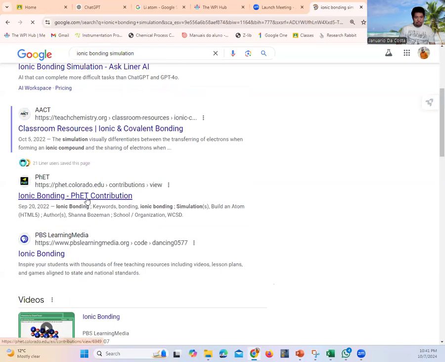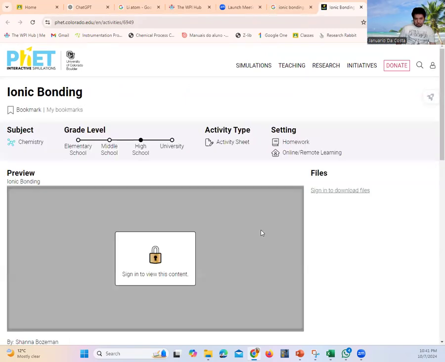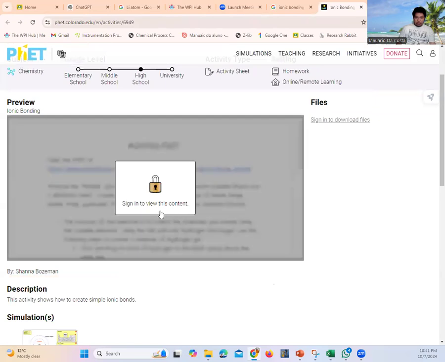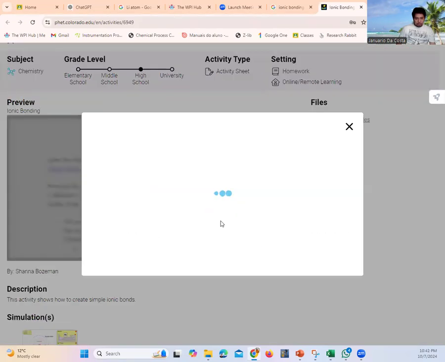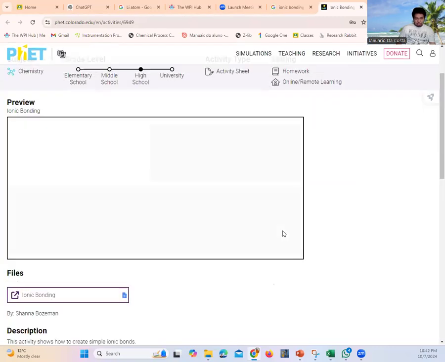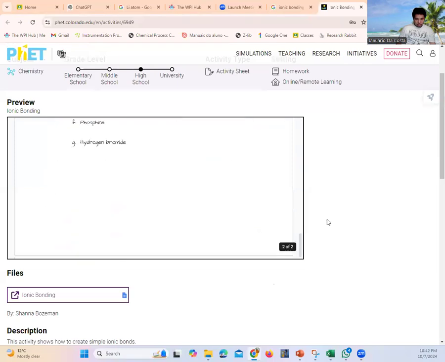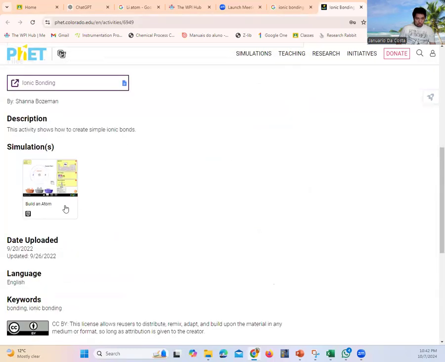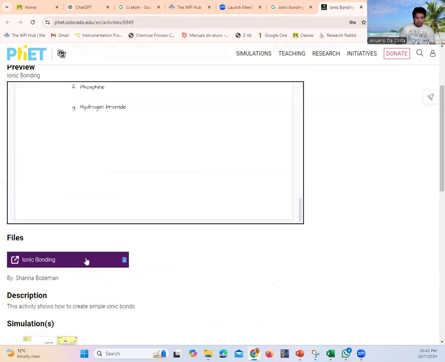Okay, so there is a PhET simulation. Wait, there is no simulation.